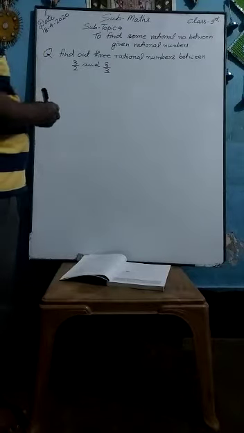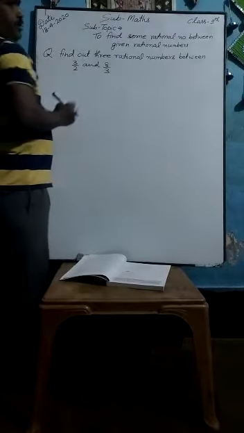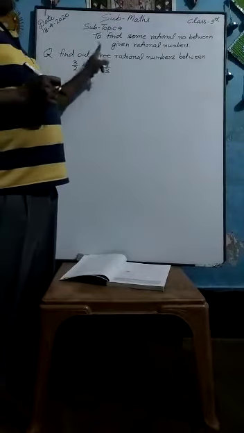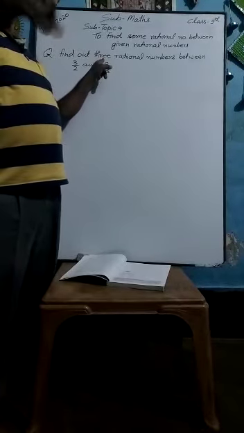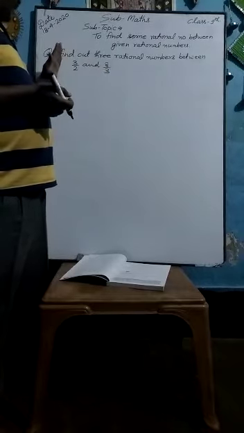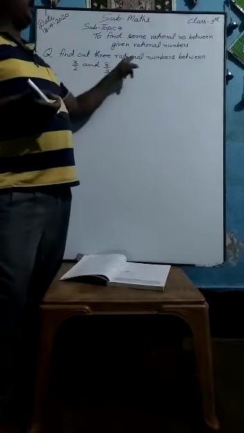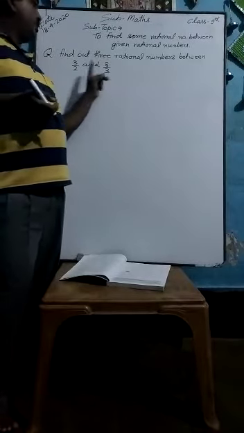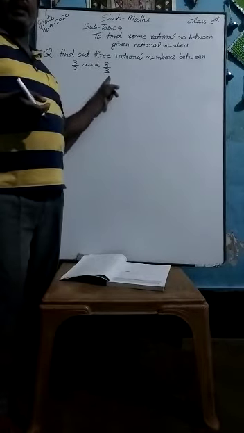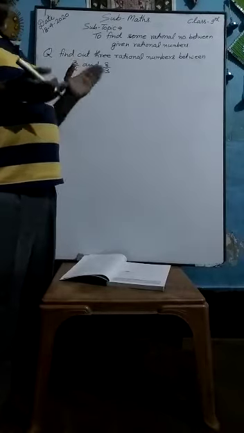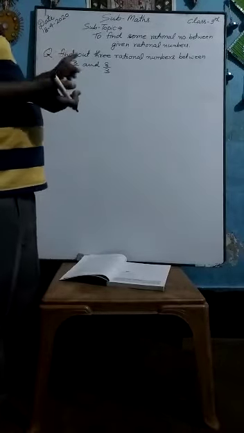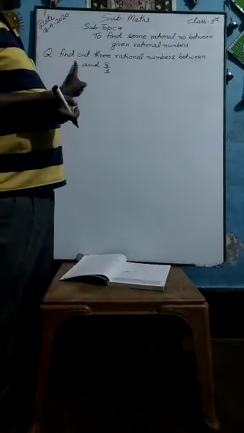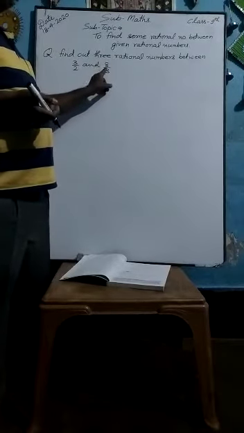If you need to find 3 rational numbers, 4 rational numbers, or 5 or more, these are rational numbers, and you have to find those rational numbers which are lying between 3/2 and 8/3.